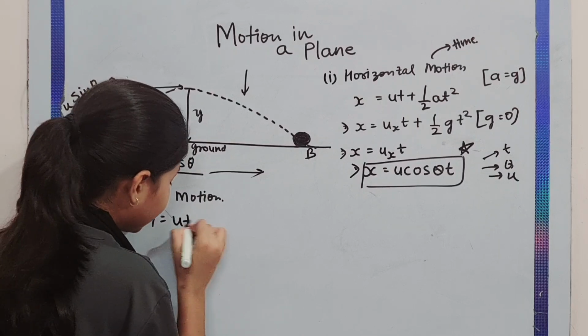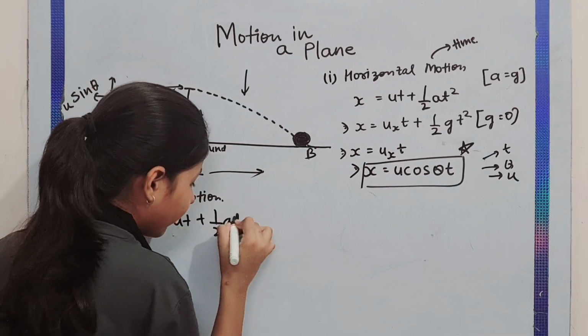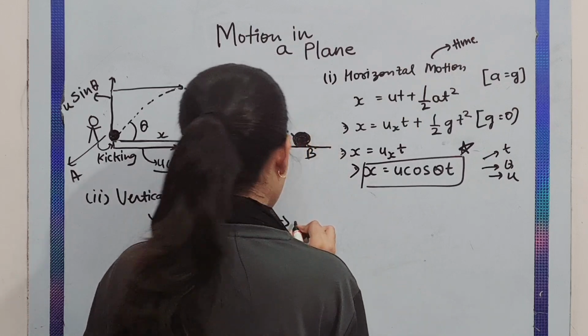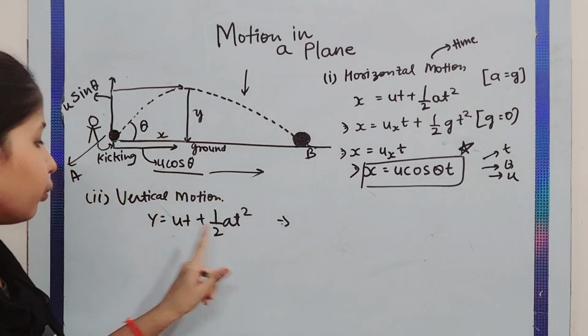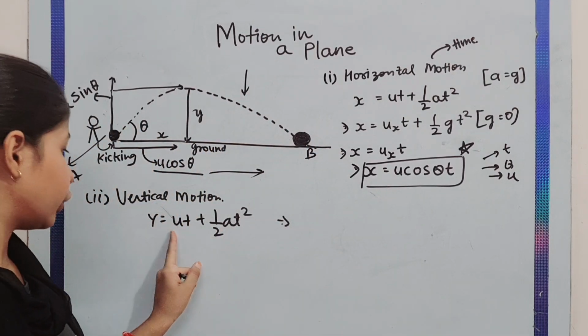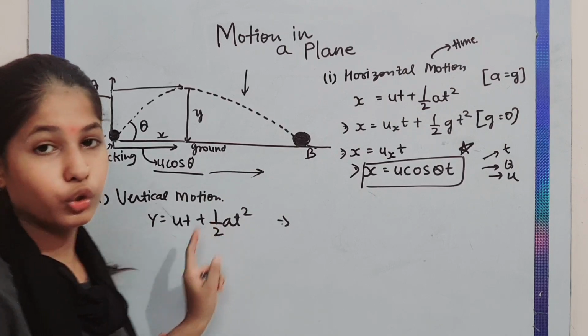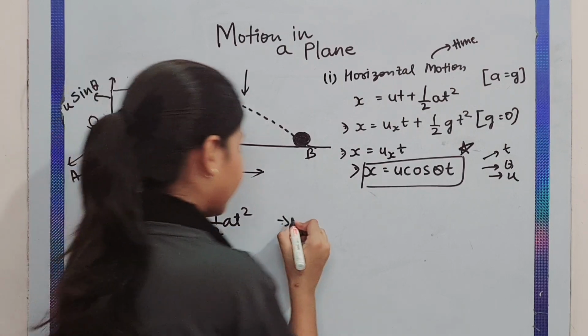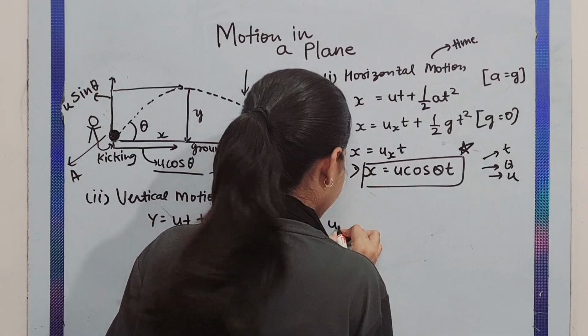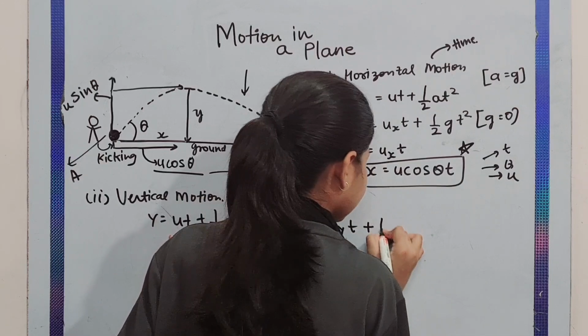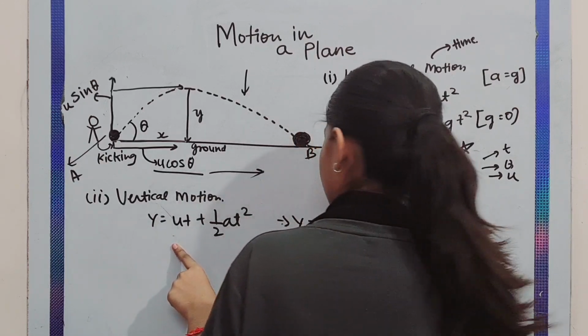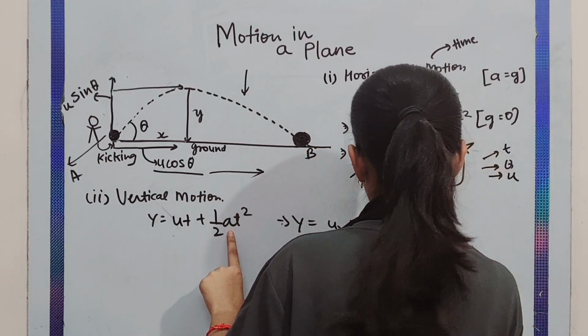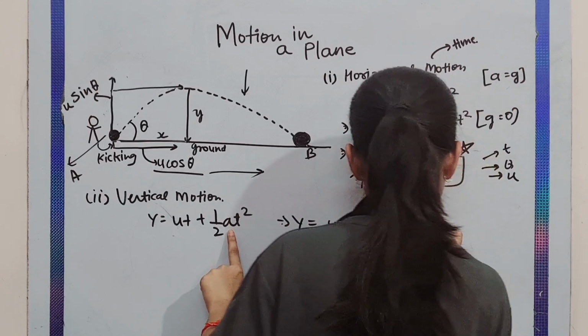So, ut plus half of at square. In the place of u and a, we can write uy and ay. Sorry, I will write here y is equal to uy t plus half of ay t square.